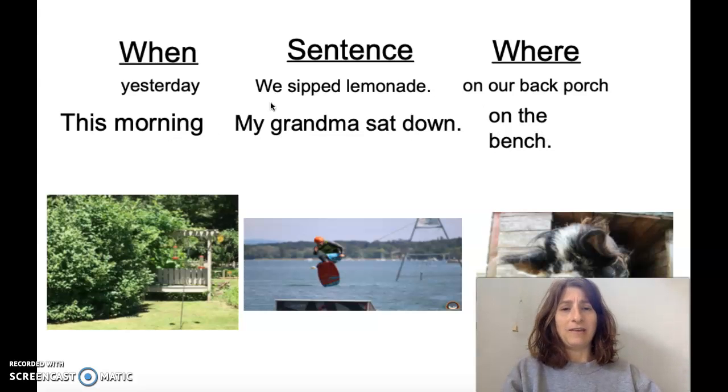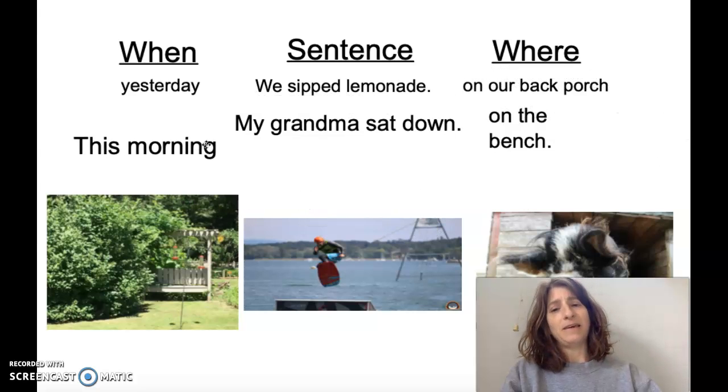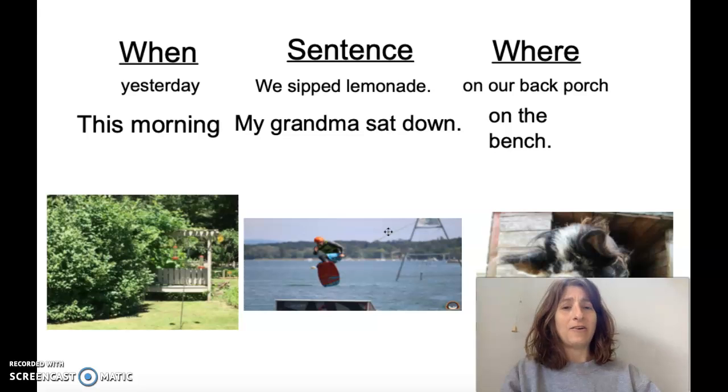I could put it over here. I could put it at the beginning. Again, there are a couple different ways that you can order your sentence, but you always have the subject, who it is, and what they do. That would go together. Let me try this middle picture here.